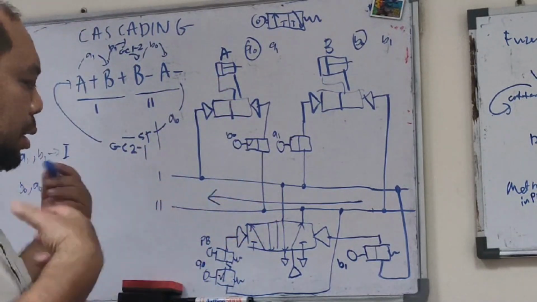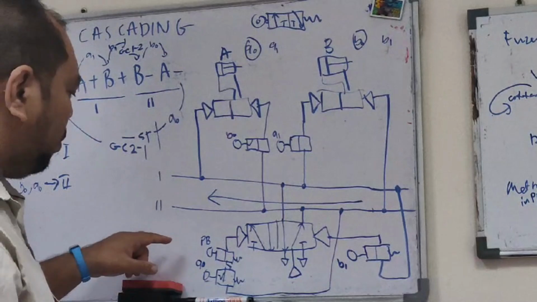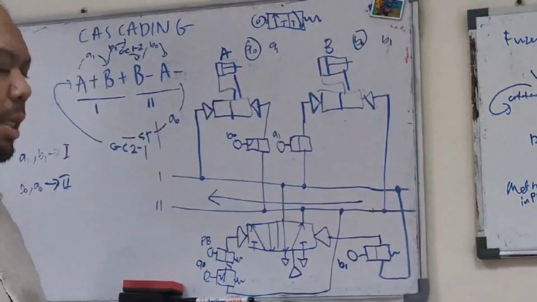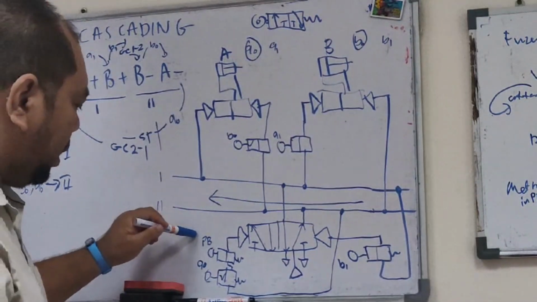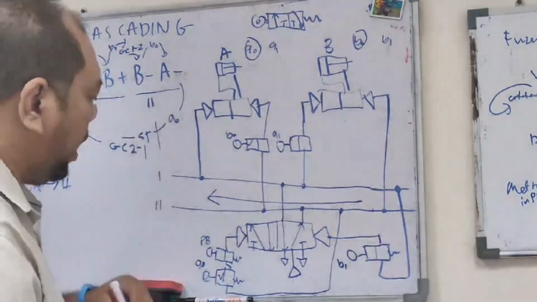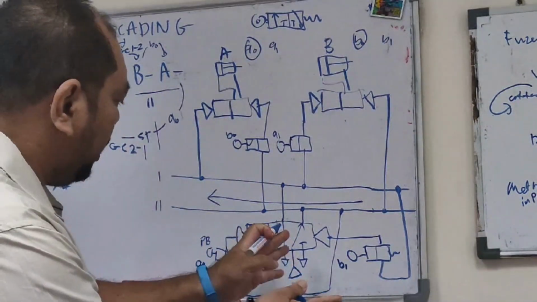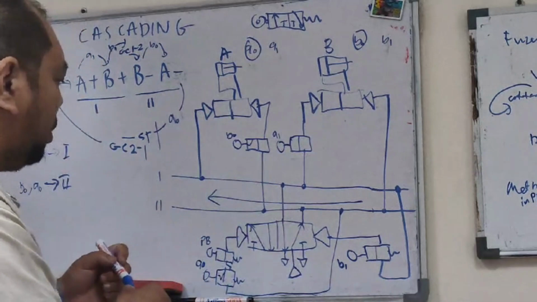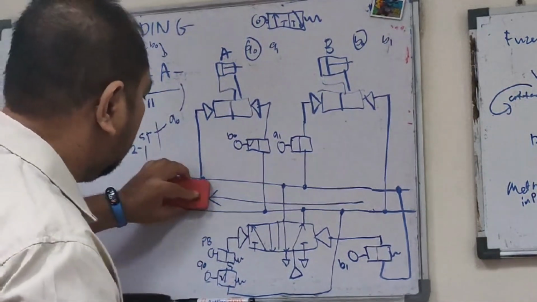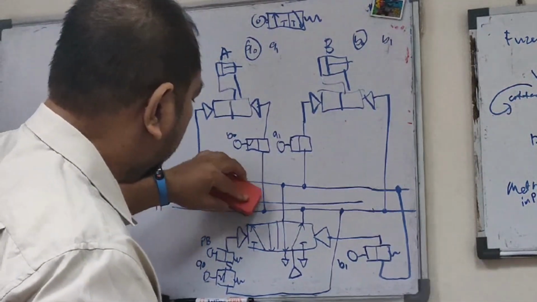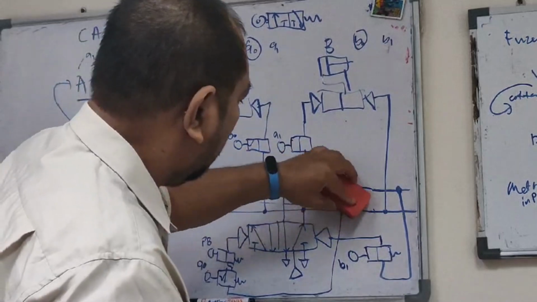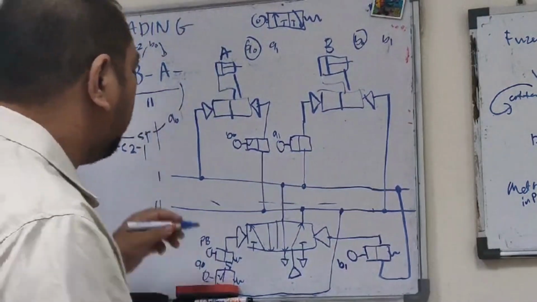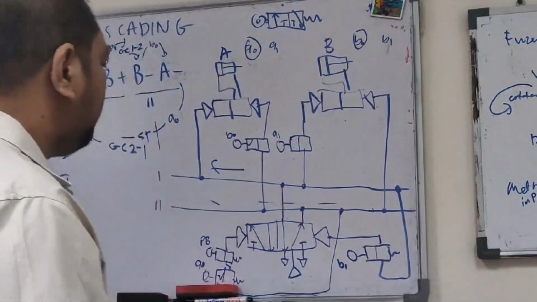Then you simulate again in your mind: if you push the button, what will happen? You push the push button, A0 is already activated. Then the first thing is it will change to power group 1.